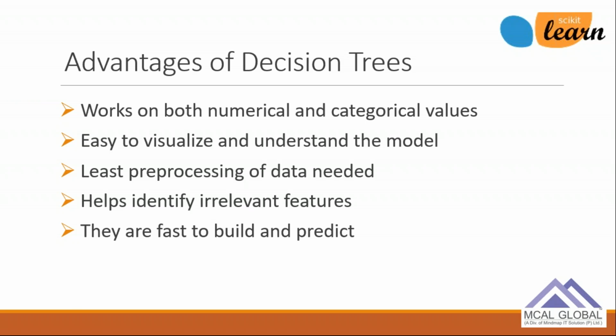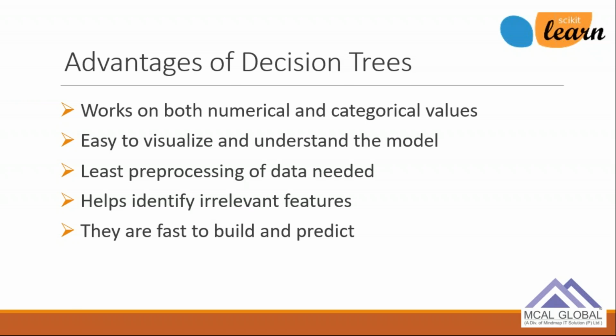Now, this is something that Sunil and I had a discussion about when we were doing linear regression. Someone was asking how you check which features are relevant and not relevant. Decision trees are one of the algorithms that give the user the information that these features are relevant and these are not.